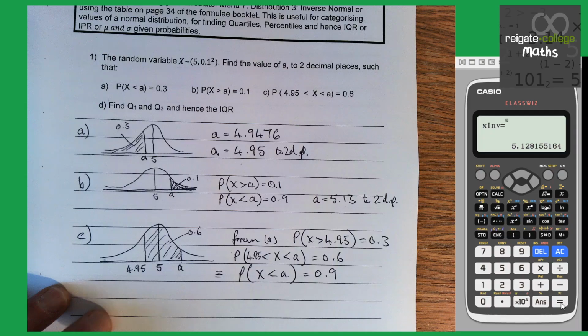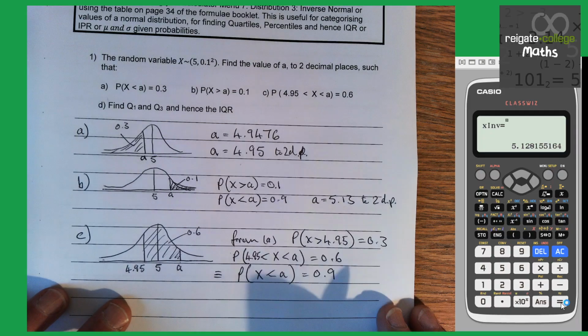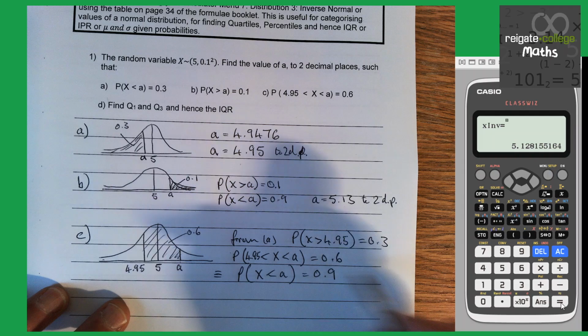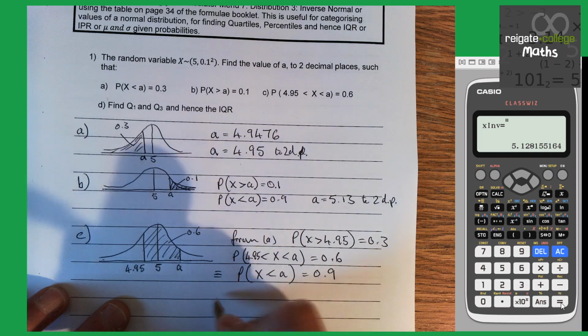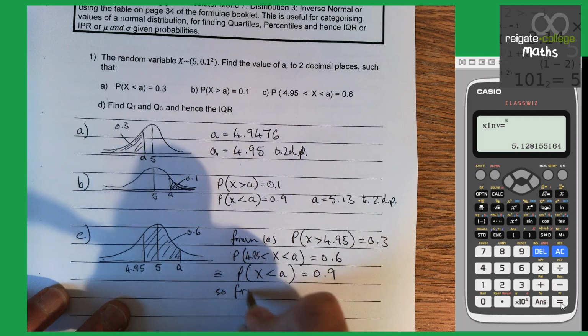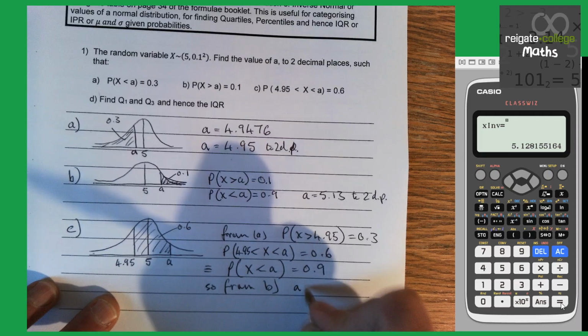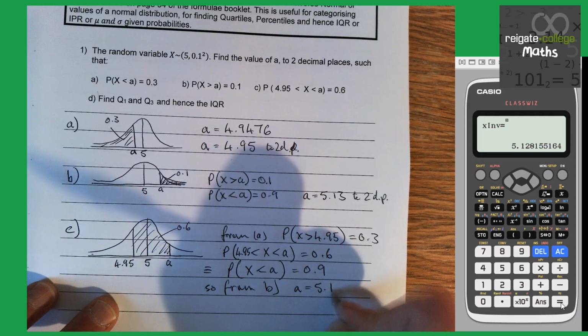That is simply the question from part b. So from b, a is equal to 5.13.